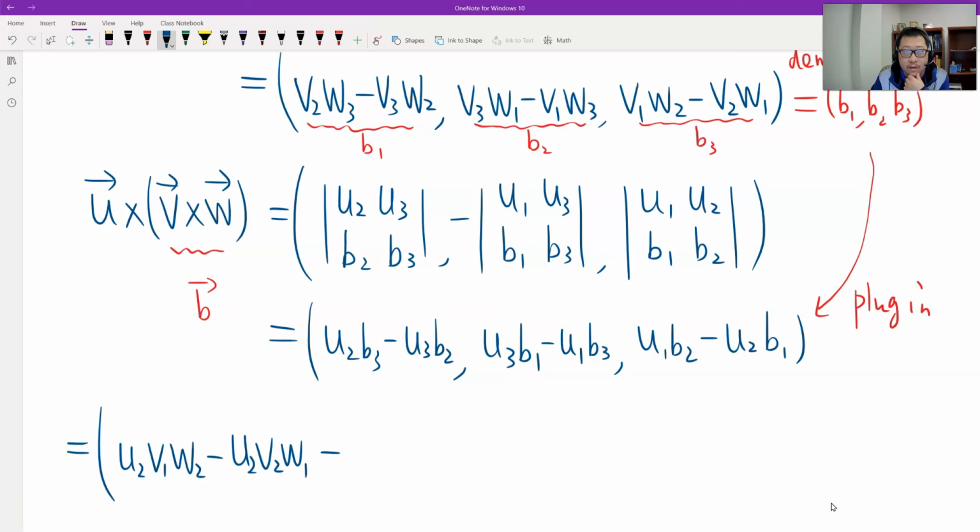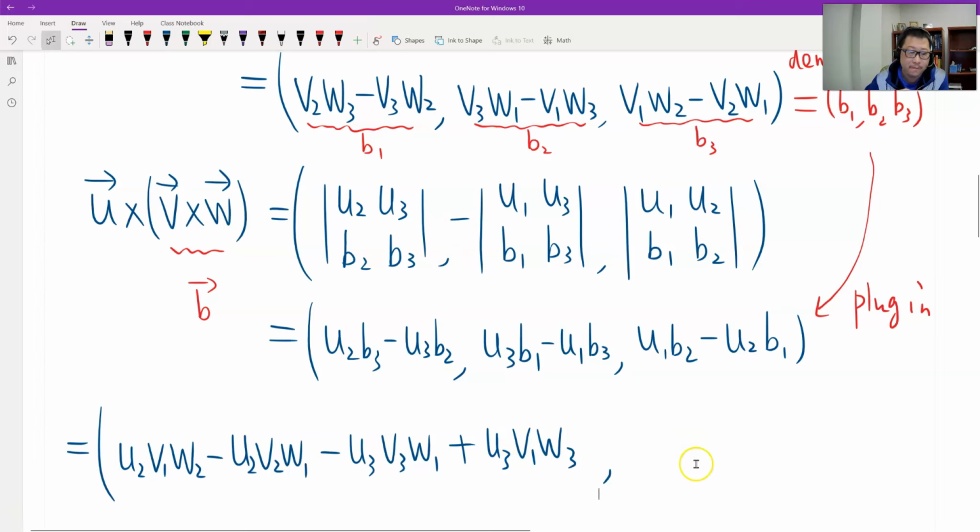So B2 is there in the middle. So minus U3 V3 W1. Negative, negative makes positive: U3 V1 W3. Okay, so I finally get the first. See? And this is the first.